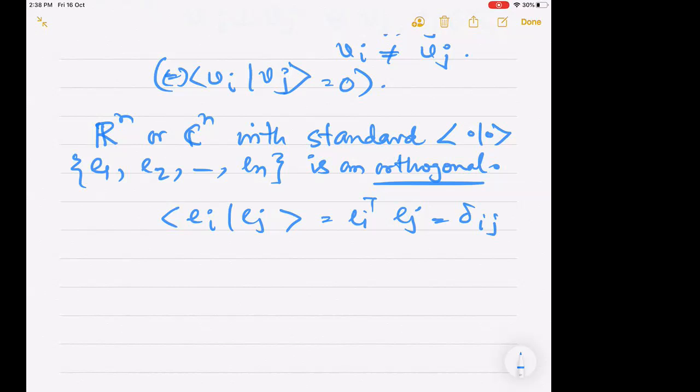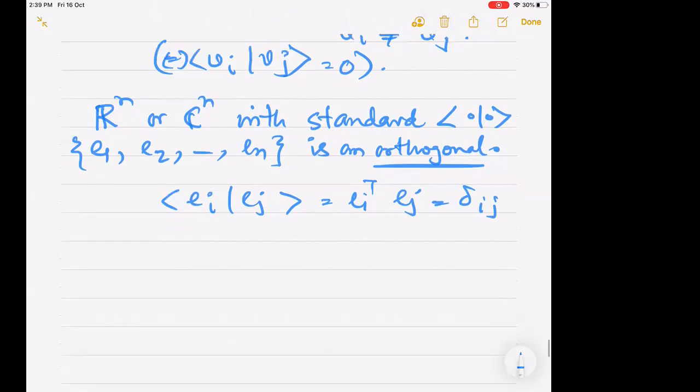If it's a collection of, let's say, 10 vectors, then I look at all possible 10 C2 combinations, and each of those combinations must be orthogonal. That's how we define an orthogonal set.